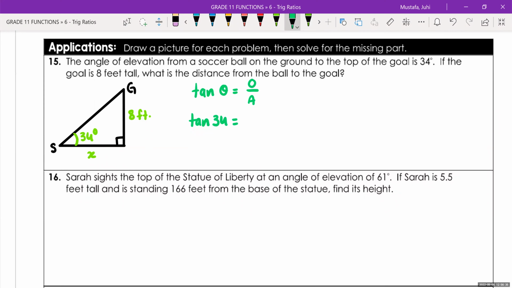So tan 34 is equal to 8 over x, and x is just going to be equal to 8 over tan 34. I'm just going to make a general rule that we will always do stuff to one decimal place to avoid any confusion.